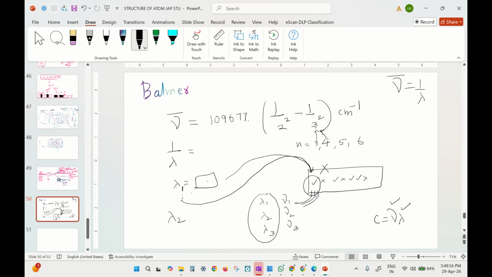When I substitute 5, I get lambda 3. Is it there? Yes, it is there. When I substitute 6, I get the next lambda. Is it there? Yes, it is there.